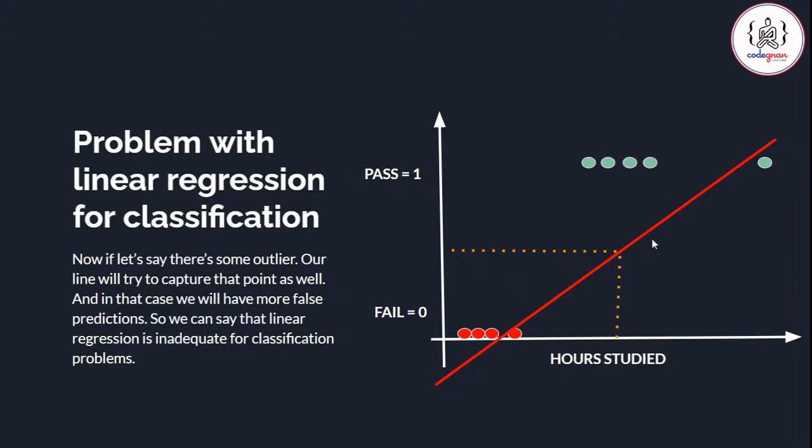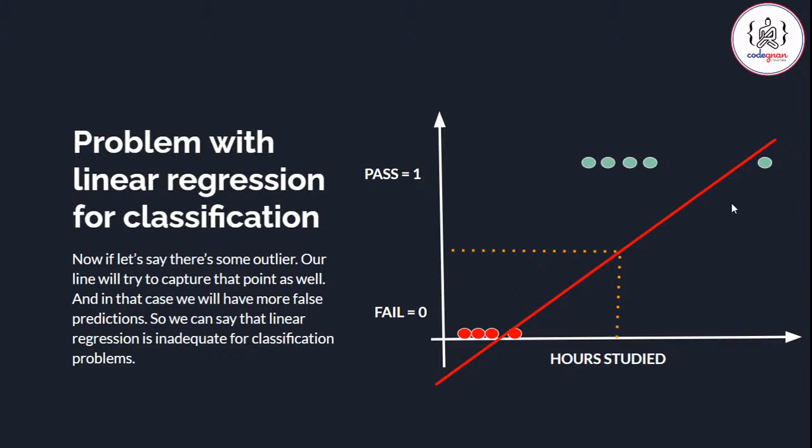Now in order to try to capture this point here, this line is going to be tilted, right? And there is more difference between the actual values and the prediction that we are getting.